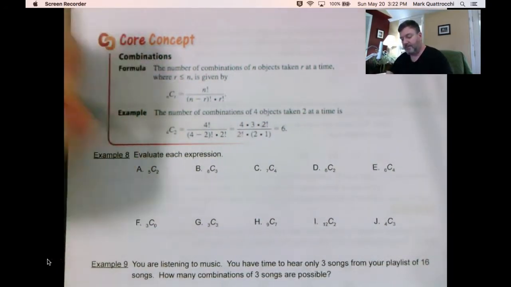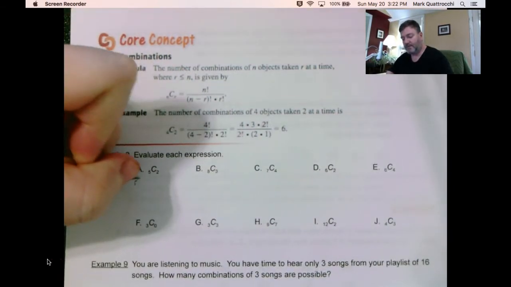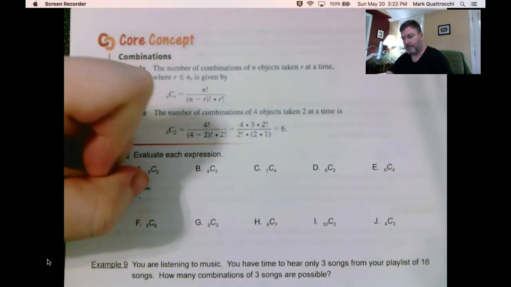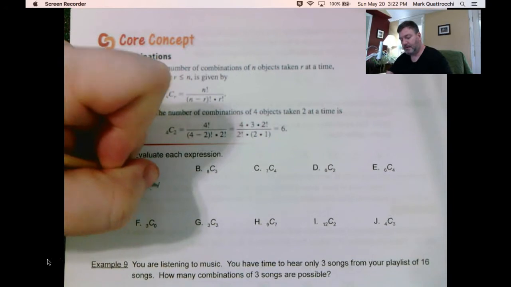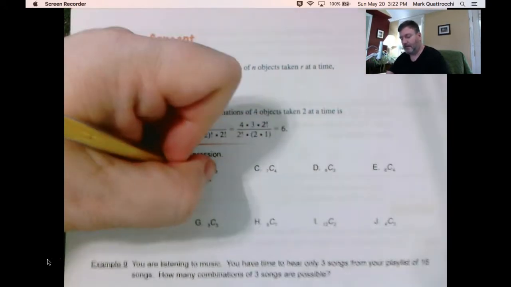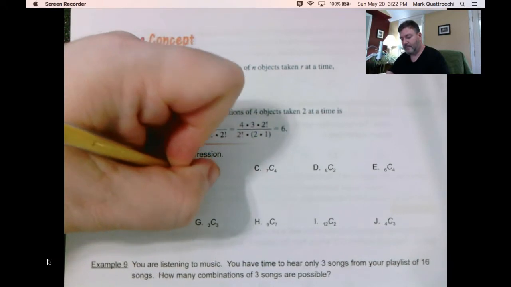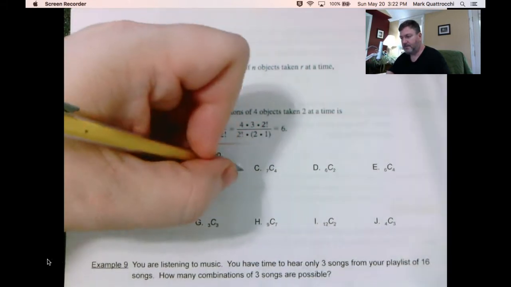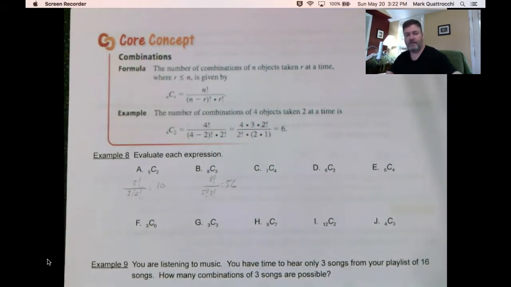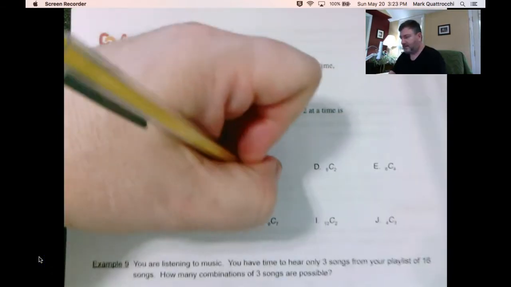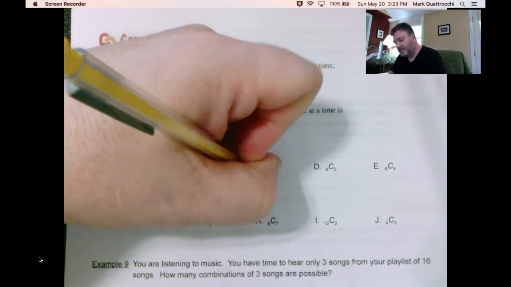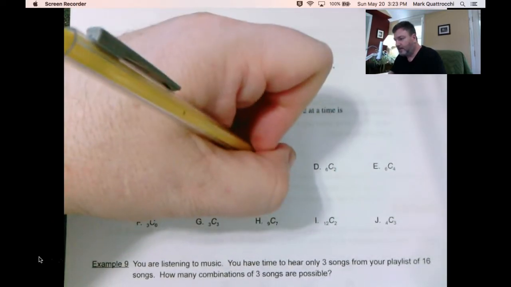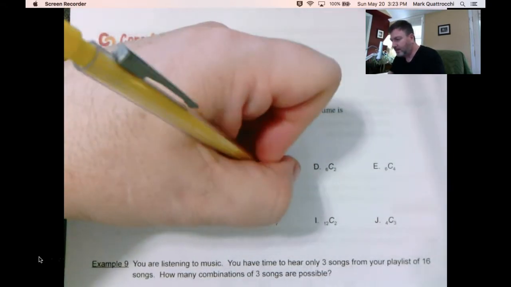So we have 5 choose 2 is 5 factorial over 3 factorial 2 factorial, which, if you do this on your calculator, is 10. 8 factorial over 5 factorial 3 factorial is equal to 56. 7C4 is 7 factorial over 3 factorial 4 factorial, and do this out on our calculator, it's 35.